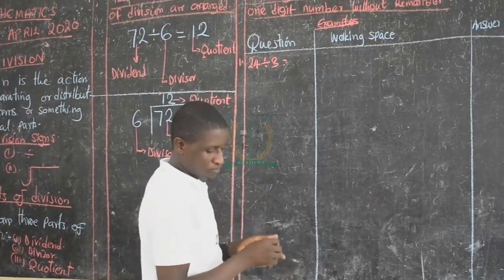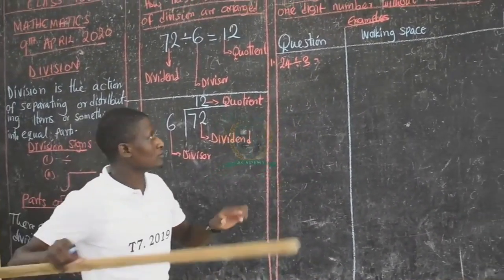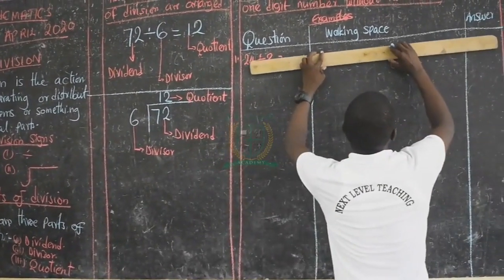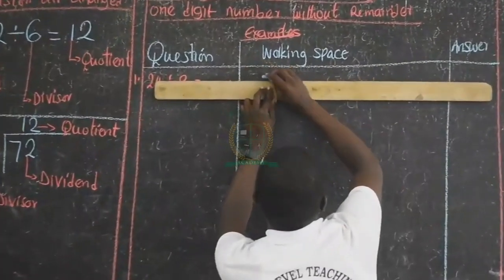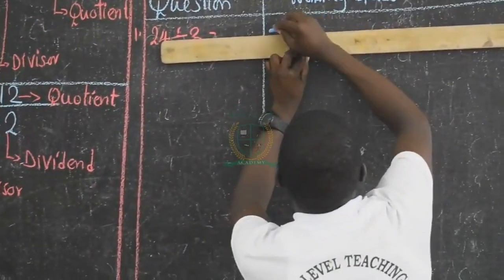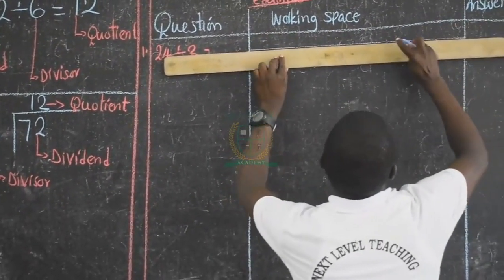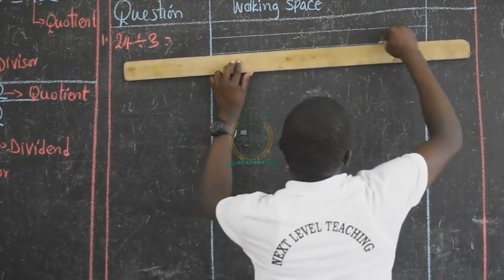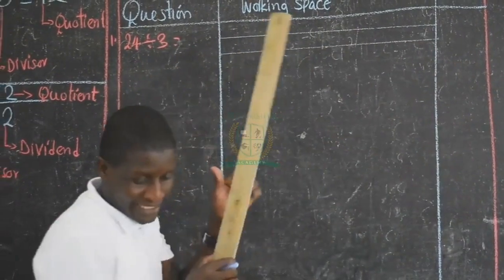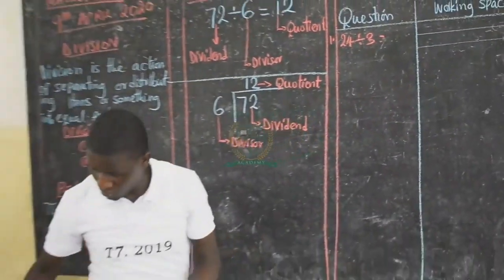Let's see the example. I'm going to draw table 3 here. That is a short table.